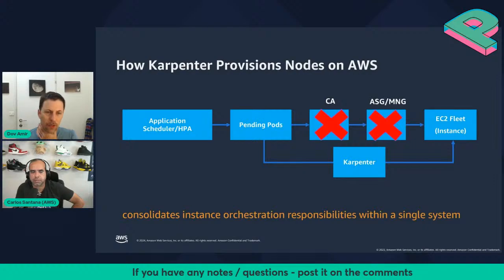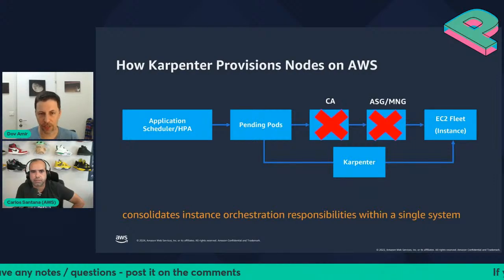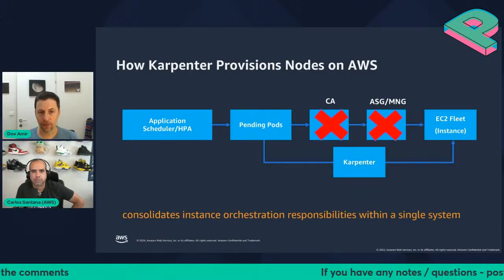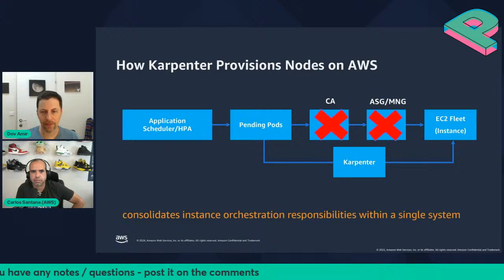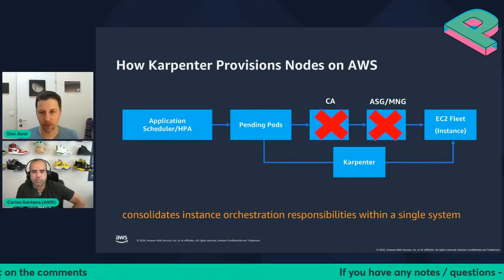So the way Karpenter works, it doesn't use auto-scaling groups or managed node groups. It listens to pending pods, just like the cluster autoscaler. When there are pending pods, it calculates how much CPU and memory they need. Let's say now it sees 8 pending pods, and these pending pods total to a certain amount of CPUs and memory.